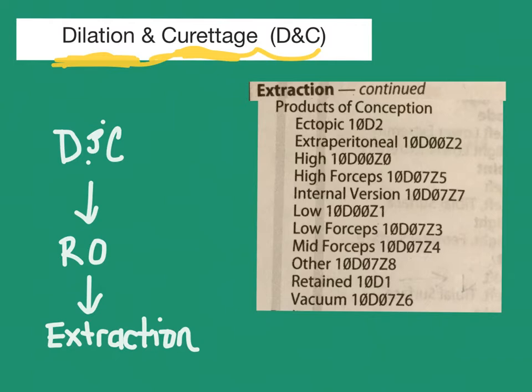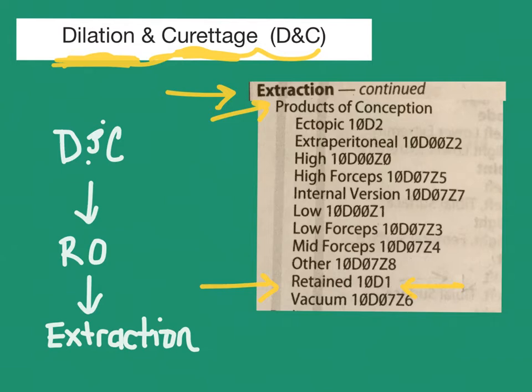A D&C is coded to the root operation of extraction, which we've talked about before, but here we will pull in again that subterm body part products of conception. Then we will come down here to the subterm retained, meaning the retained products of conception within the uterus.